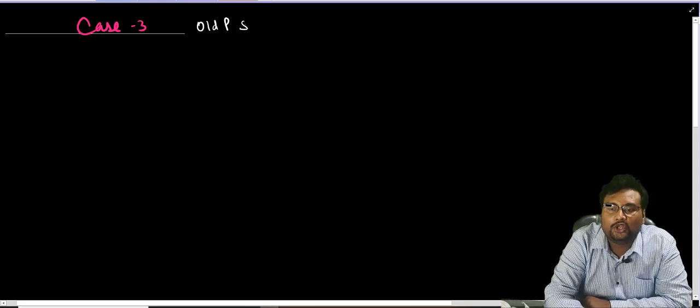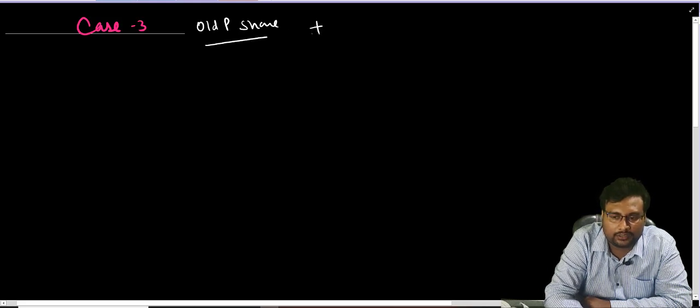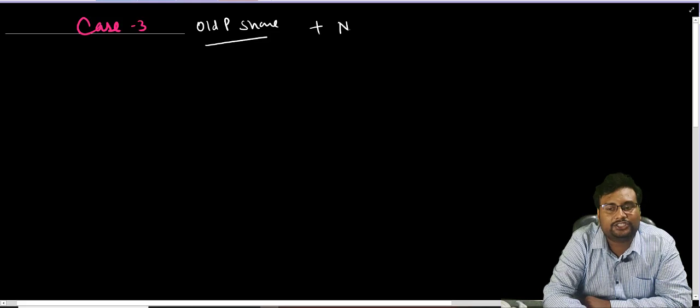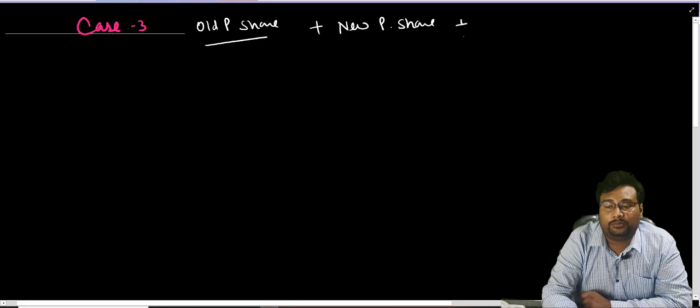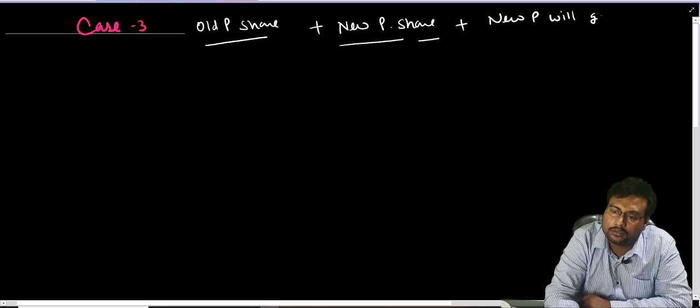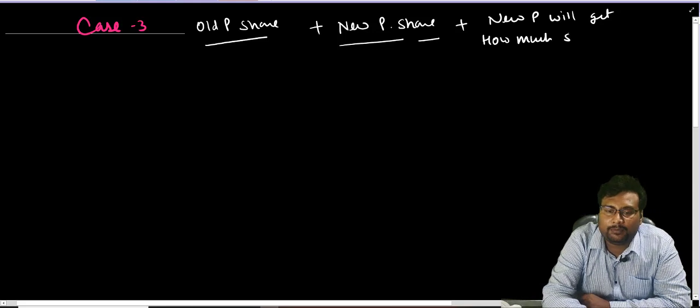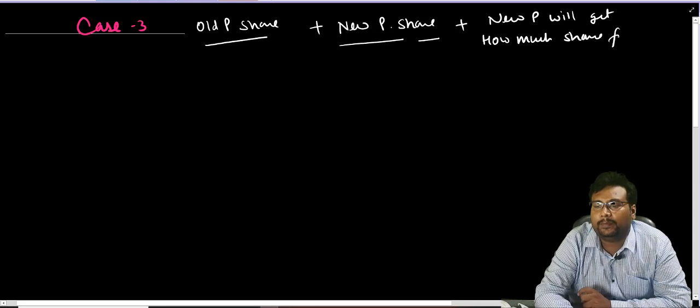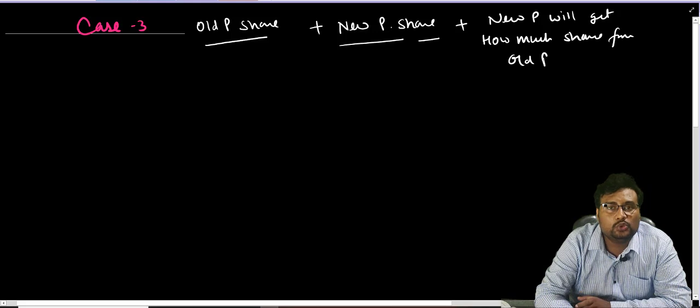Old partner share number 1 plus new partner share, plus third information, that the new partner will get how much share from the old partner.